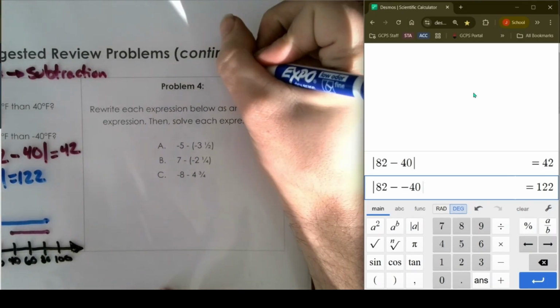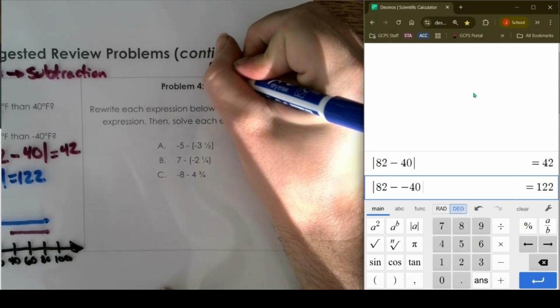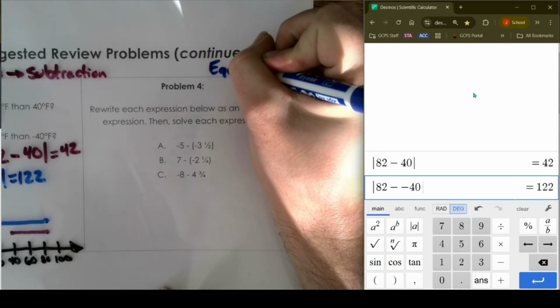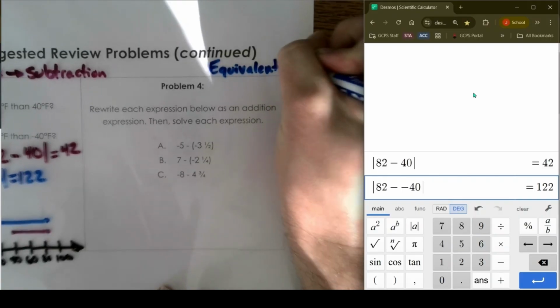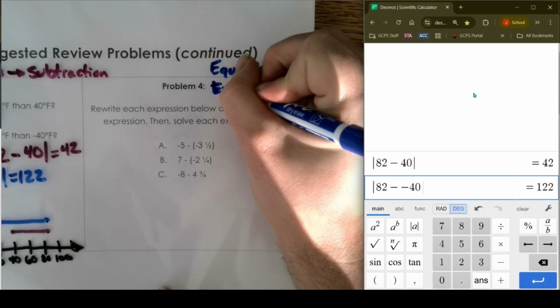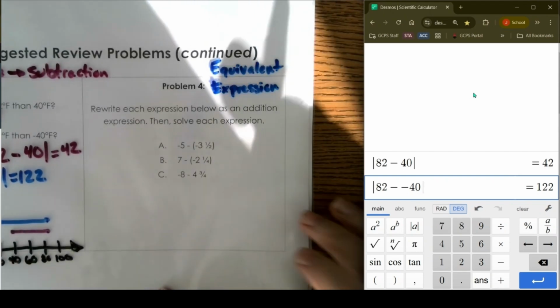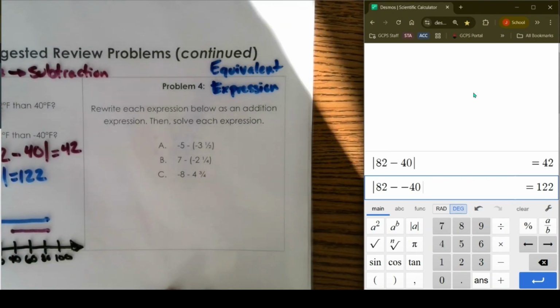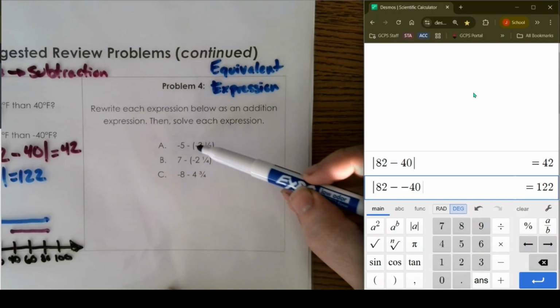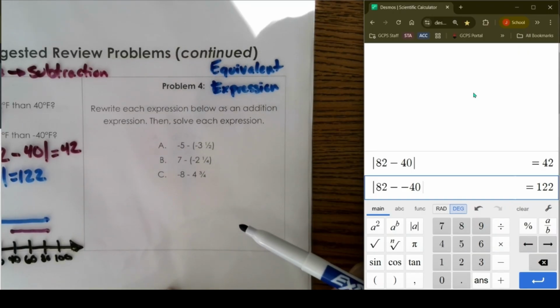I'm going to write this phrase up here because this is a nice key vocabulary term. Equivalent expressions. And this will come up again when we start talking about equations and algebraic expressions. But we're going to write an equivalent expression to each of these statements here.